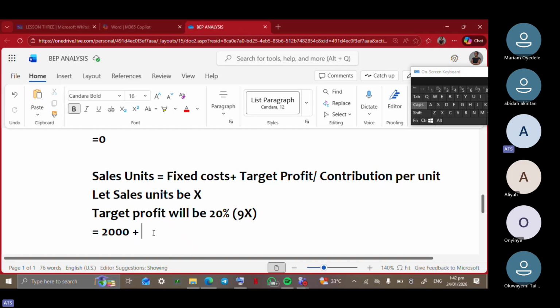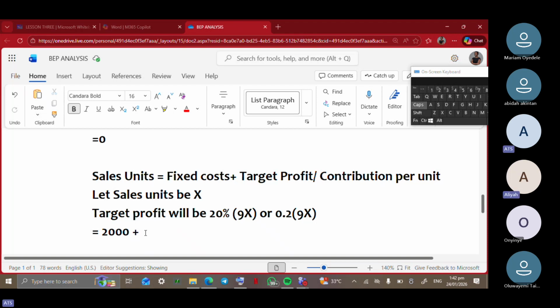So let's move forward. Target profit is 20% of 9x, or you can call it 0.2 times 9x. 0.2 times 9 is what? 1.8.